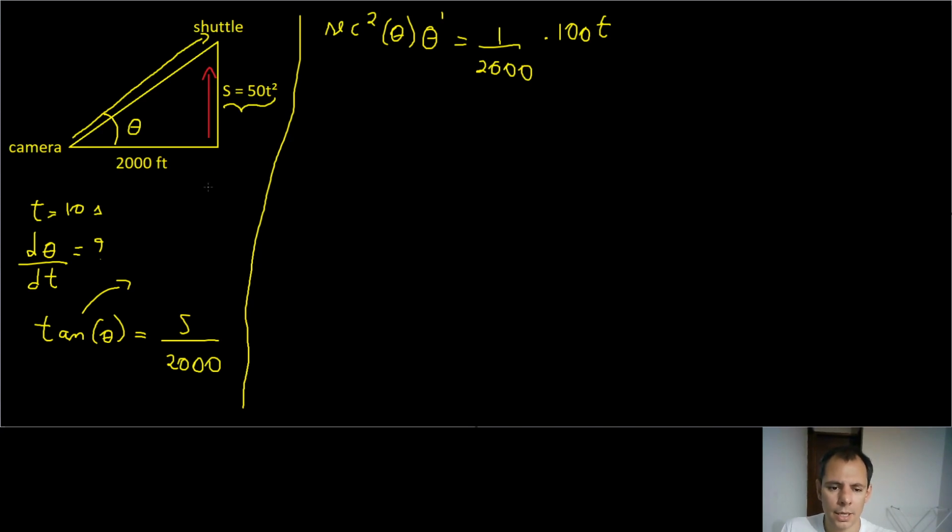So when t equals 10, okay, at 10 seconds. So if t equals 10, I'm just going to replace this t here. 10 times 100 is 1,000. So I'm going to put 1,000 here. Now 1,000 divided by 2,000 is half. So I'm going to erase this stuff and put half.